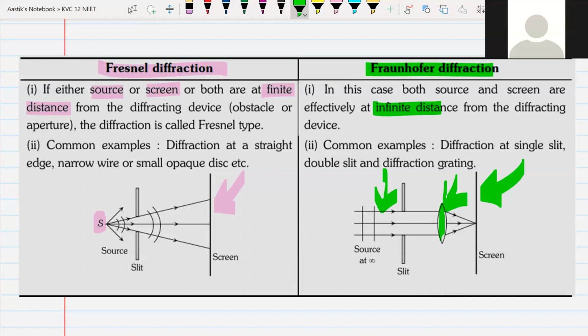You can see the screen now? Done, sir. Done, everyone?